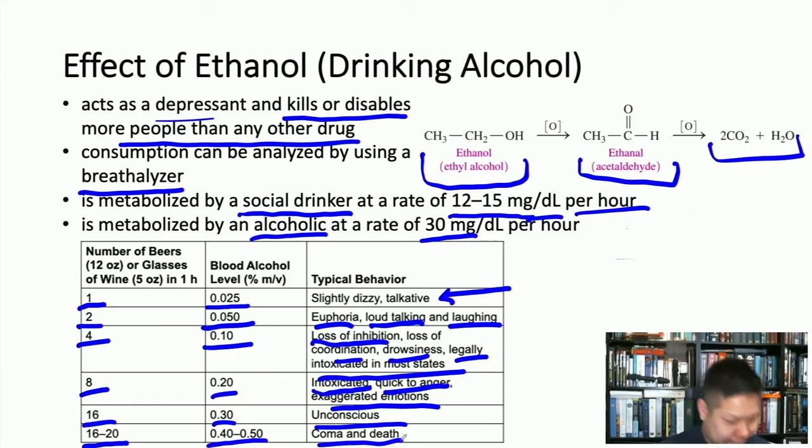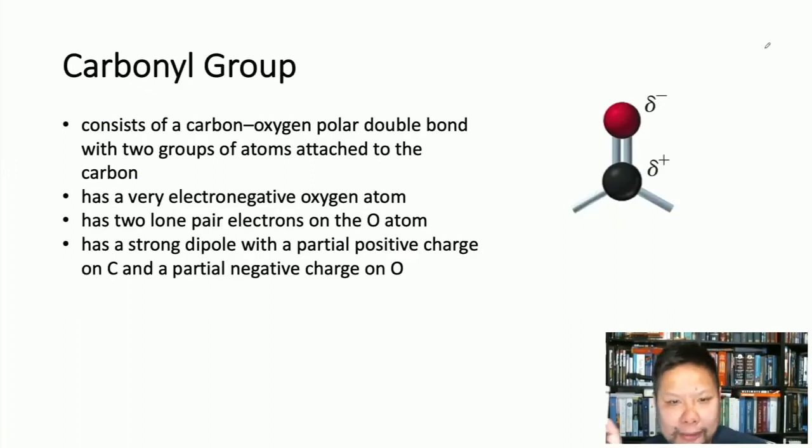So be careful. Before we can talk about aldehydes and ketones, we have to talk about the carbonyl functional group. The carbonyl functional group is quite literally an oxygen connected to a carbon with a double bond, right? This oxygen has 2 lone pairs at the top, as all oxygens do when they're connected to something with a double bond.